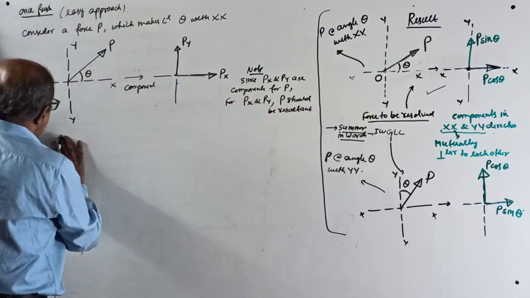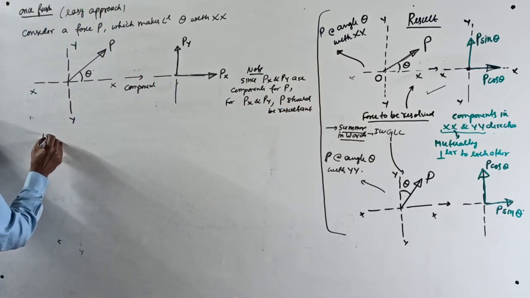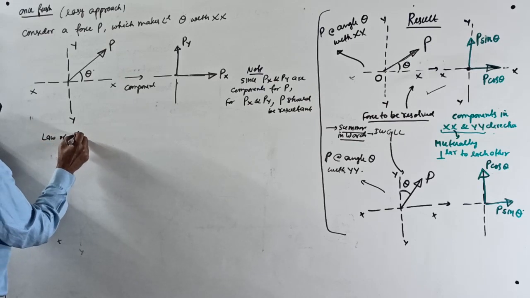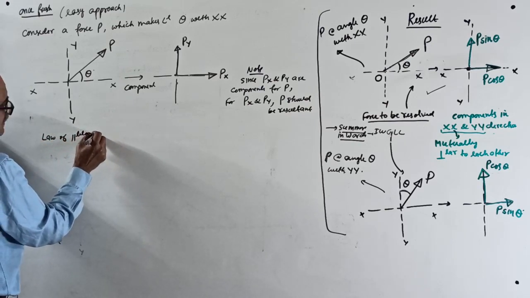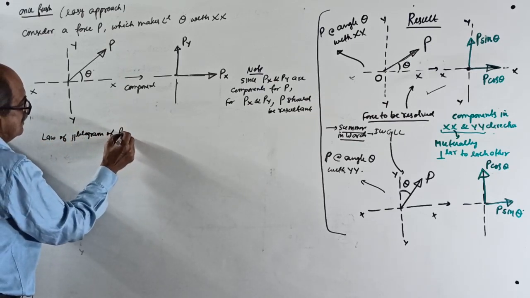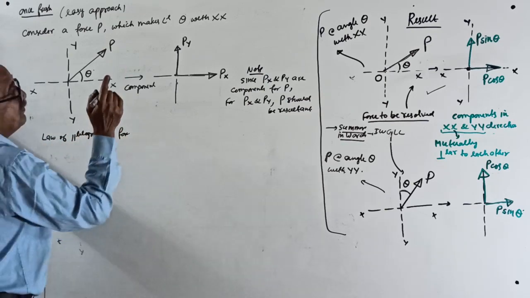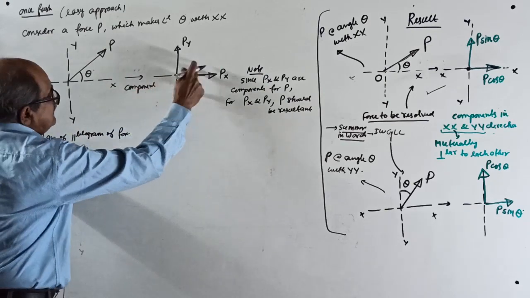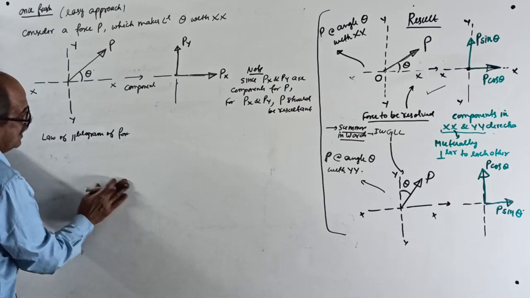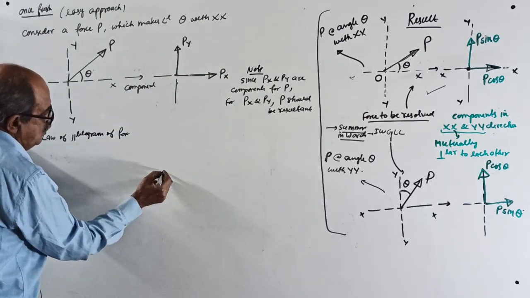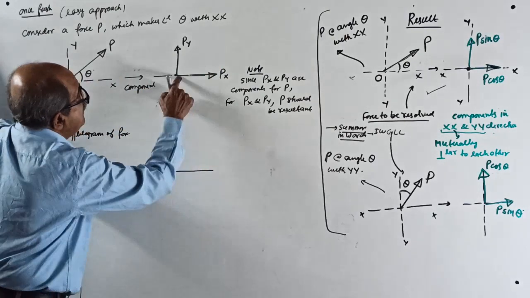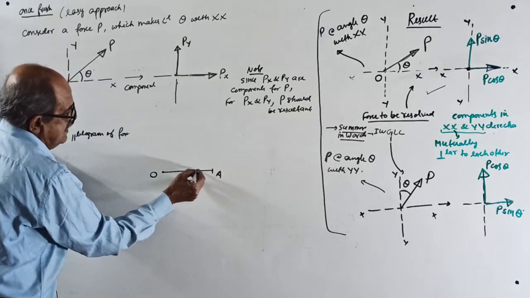Therefore, do one thing. Come to the law of parallelogram of forces. This is a correct approach. First you consider Px and Py. See, mark a point O here, anywhere here. Represent Px by a line OA.